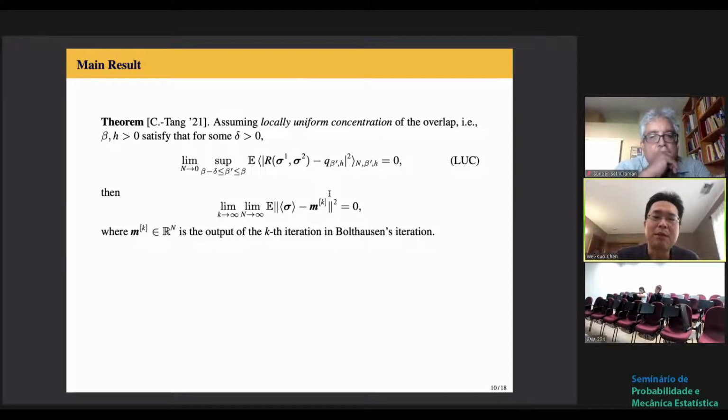Now let me comment quickly on how come this will be easier to simulate. As I said earlier, this is local magnetization. The worst case scenario, if you want to compute it, is very time consuming and difficult.